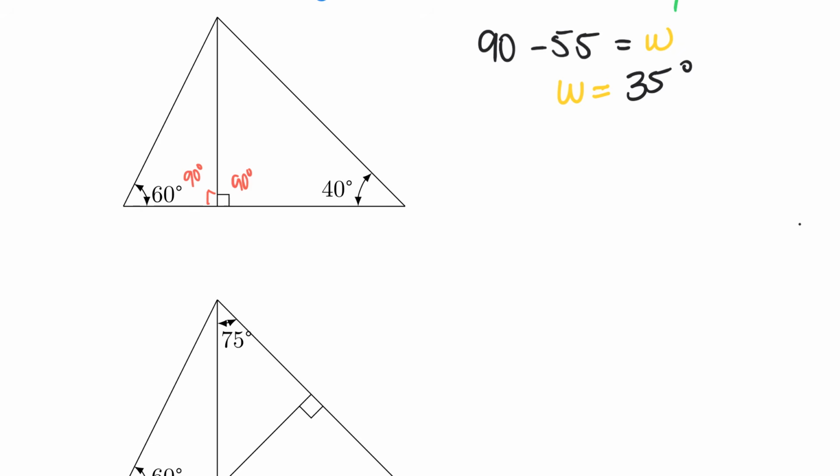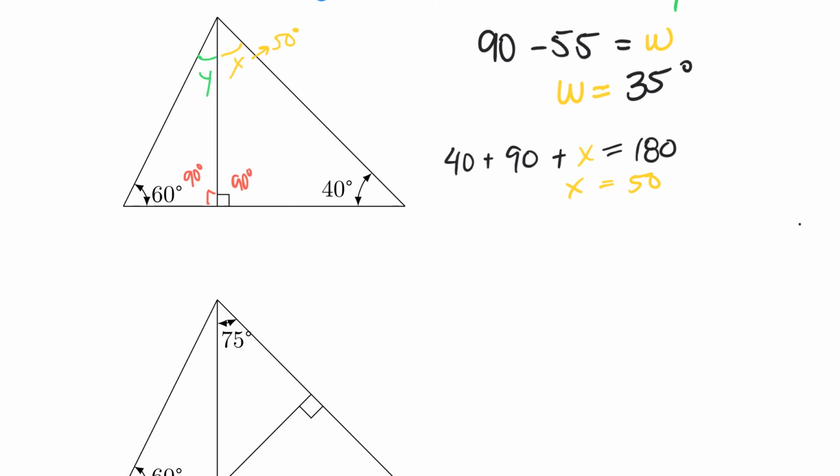Okay, so let's do the first one. Let's say that 40 plus 90 plus, let's call this angle X and this angle Y, plus X is equal to 180 degrees, being X equal to 50 degrees, which means this angle here is 50 degrees.